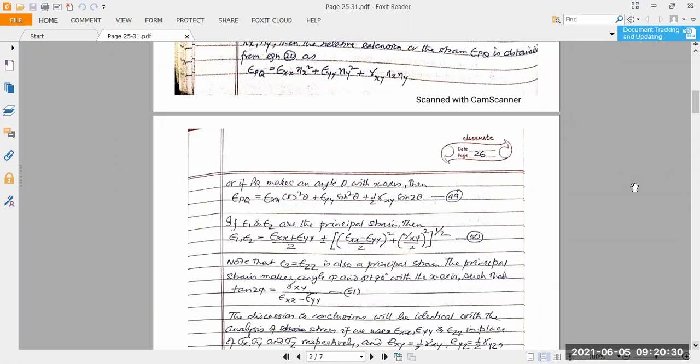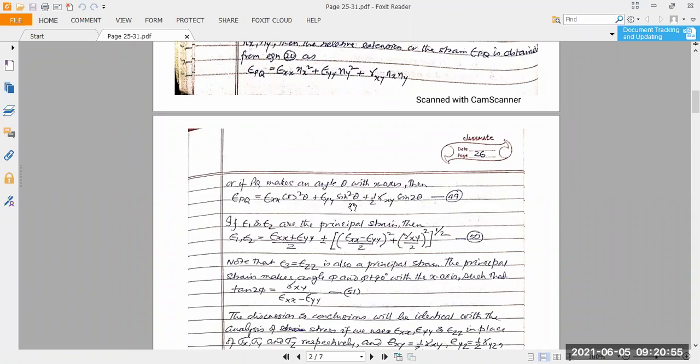We know nx, the direction cosine of the line PQ, is the cosine of the angle subtended with the x-axis, so nx square is cos square theta.